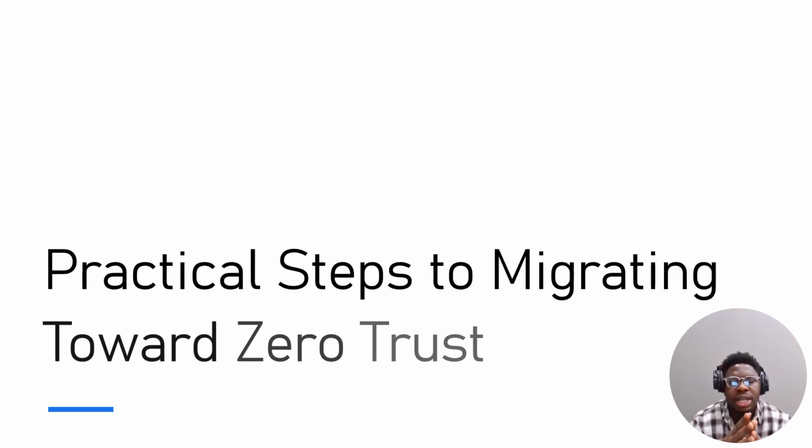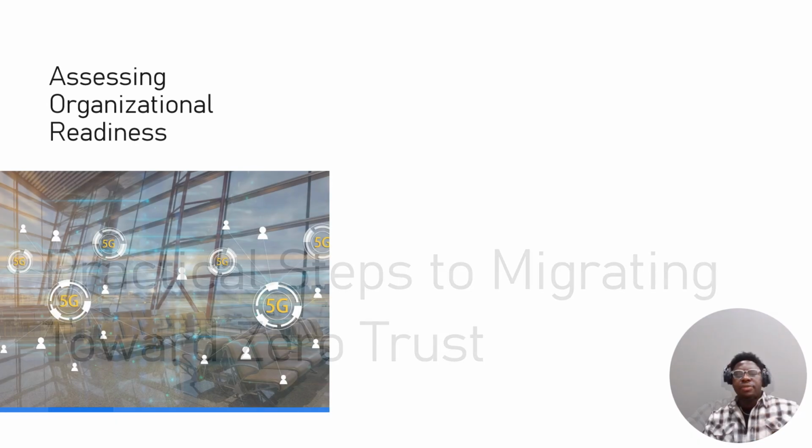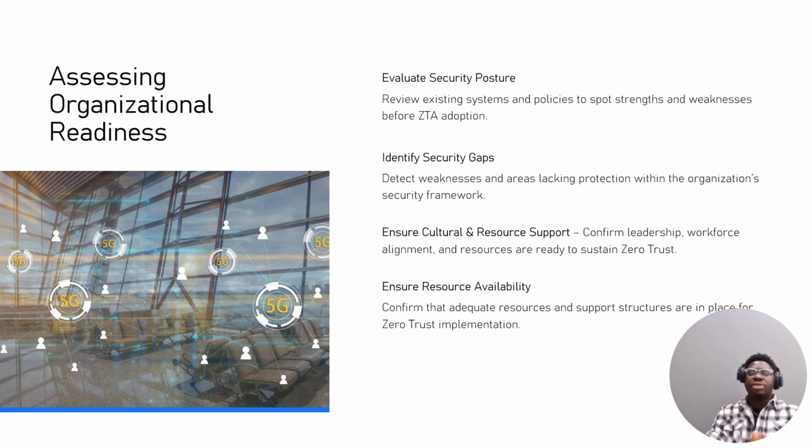Now, on this next slide, we're going to be talking about practical steps to migrating towards the zero trust concept. Some of the steps towards migrating into zero trust is assessing the readiness of the organization or the company that is about to adopt zero trust. Evaluate the security posture: review existing systems and policies to spot strengths and weaknesses before zero trust adoption.